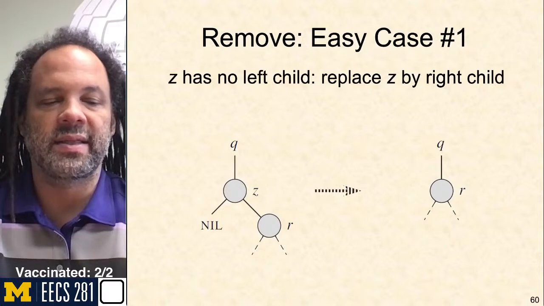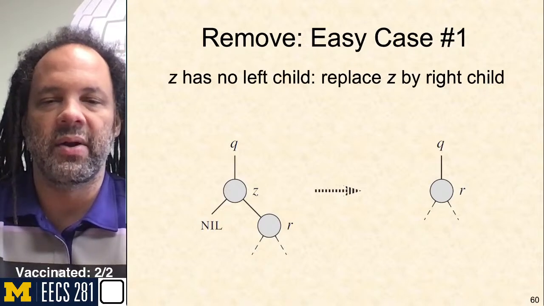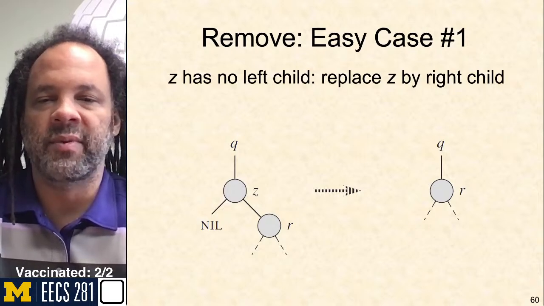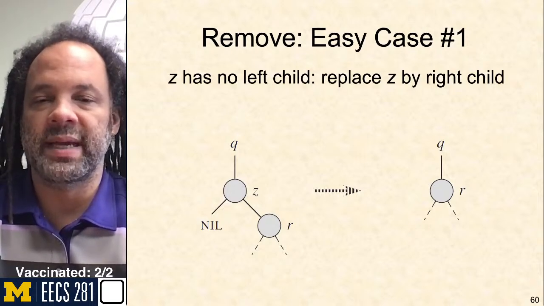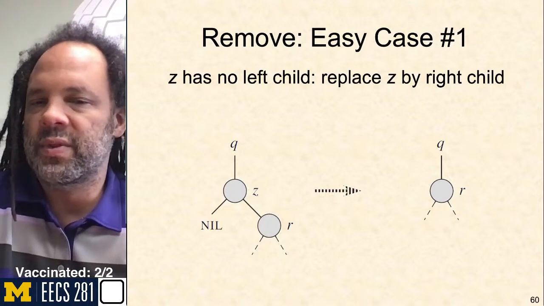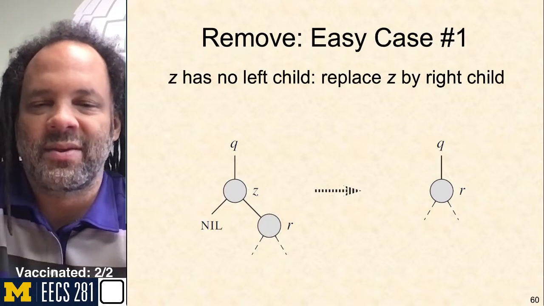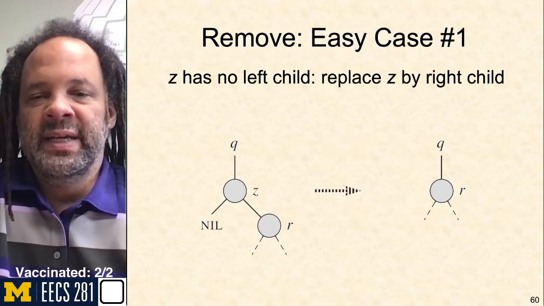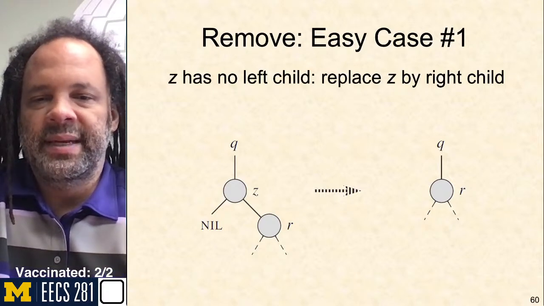So let's look at these things. These are diagrams from CLRS. We're looking at removing the node Z there, and what's coming from Q is just some pointer that maintains where we are. So that could imply that we're removing the root. That could imply that we're removing something that's not the root. What we're concerned about here is, as we're removing Z with no left child, we see that nil pointer there.